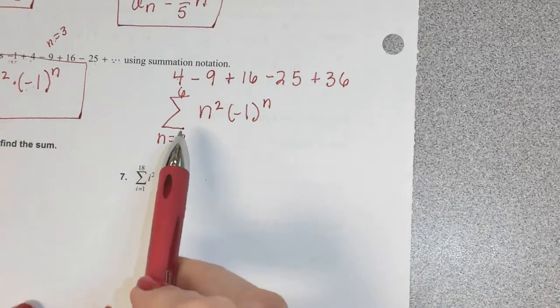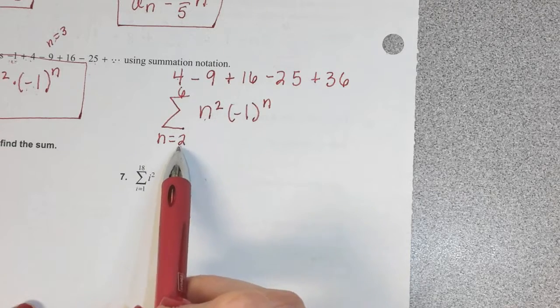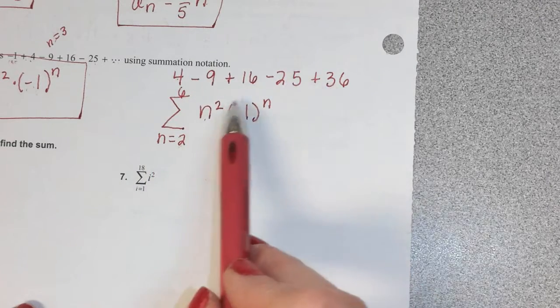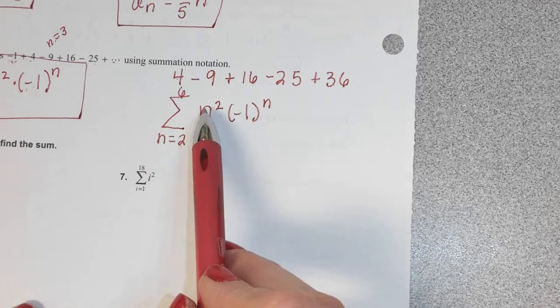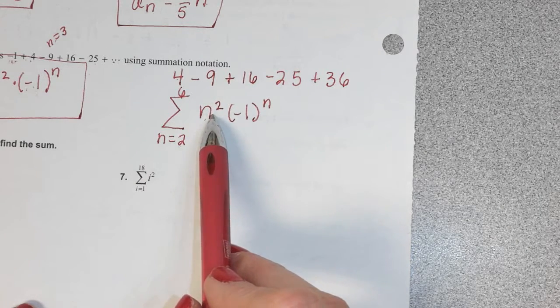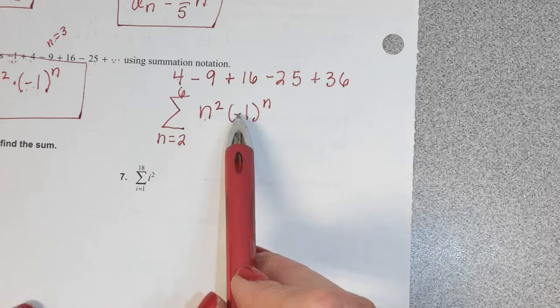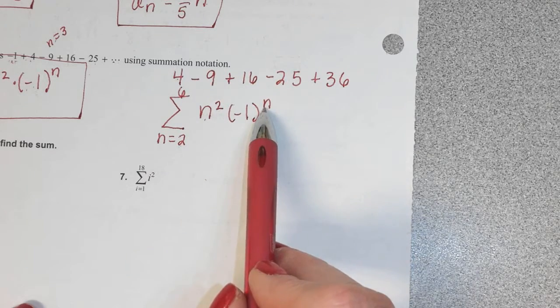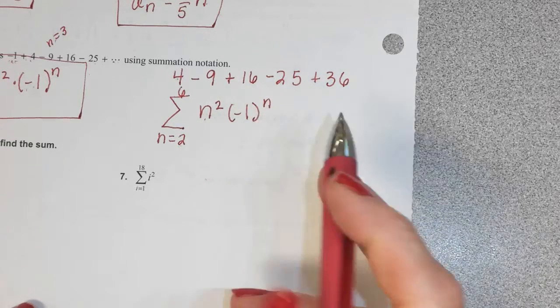That would work, wouldn't it? N squared, he's starting with 2, ending with 6, 2, 3, 4, 5, 6. So that part works. 2 squared, 3 squared, 4 squared, 5 squared, 6 squared. Then we have to check his signs. Negative 1 to the n. That would work because negative 1 squared is going to be positive. Very good. Anybody come up with a different one, Chloe?